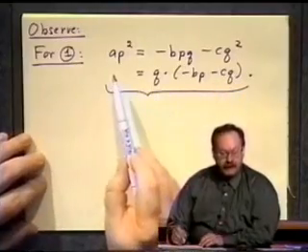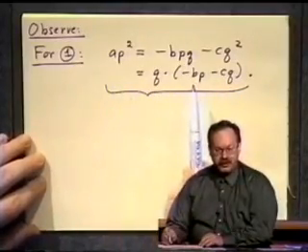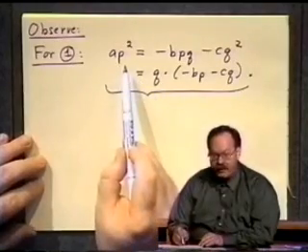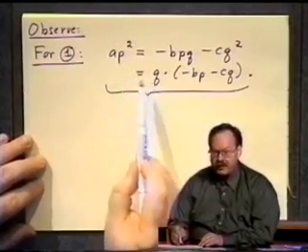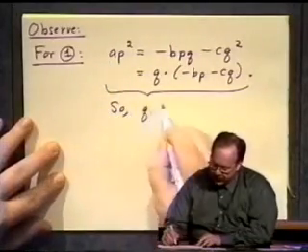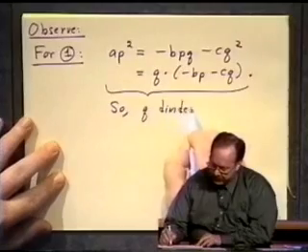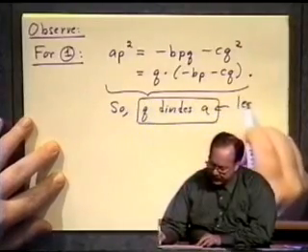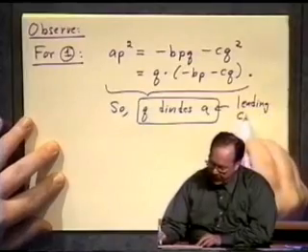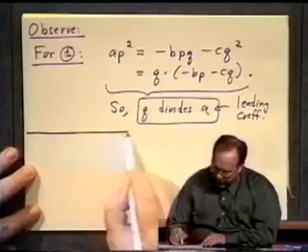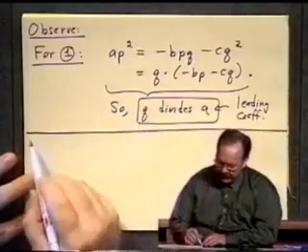Therefore, it must divide the left-hand side because the left and the right are equal. Now, q cannot divide into p because p and q have no factors in common. Therefore, q must divide into a. And remember what a was: the leading coefficient of our polynomial of degree 2. So we've learned that q divides a.